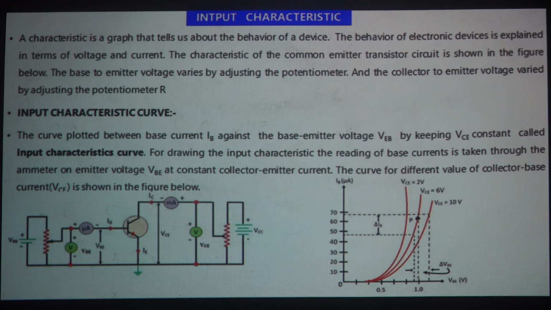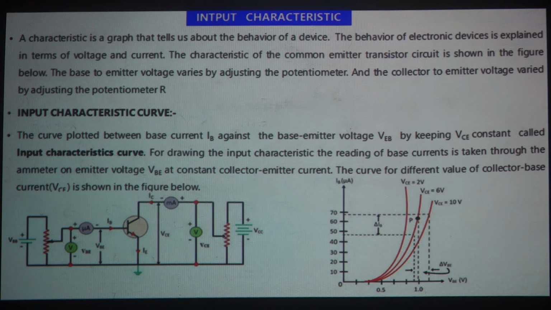So we plot different sets, keeping the value of VCE constant, varying the VBE and observing the IB.